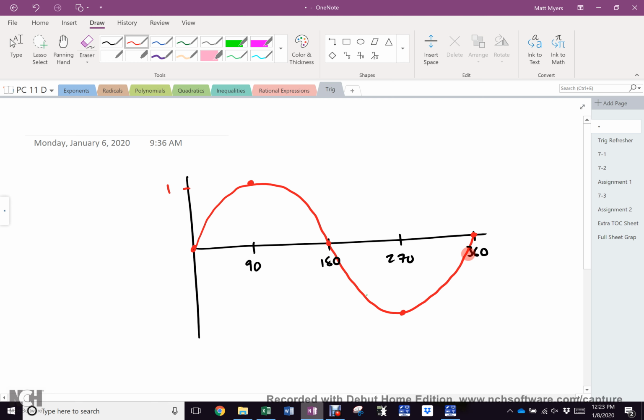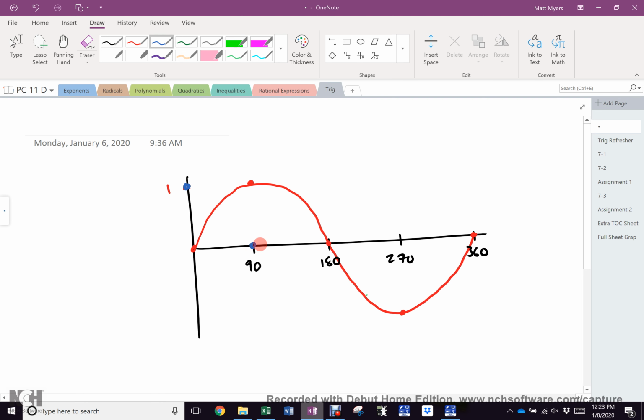Cool? Everybody good? Okay. Now, if I take cosine, the cosine of 0 on your calculator is what? Just do it, even though you know. 1. So I'm going to start up there, aren't I? What's the cosine of 90? 0.